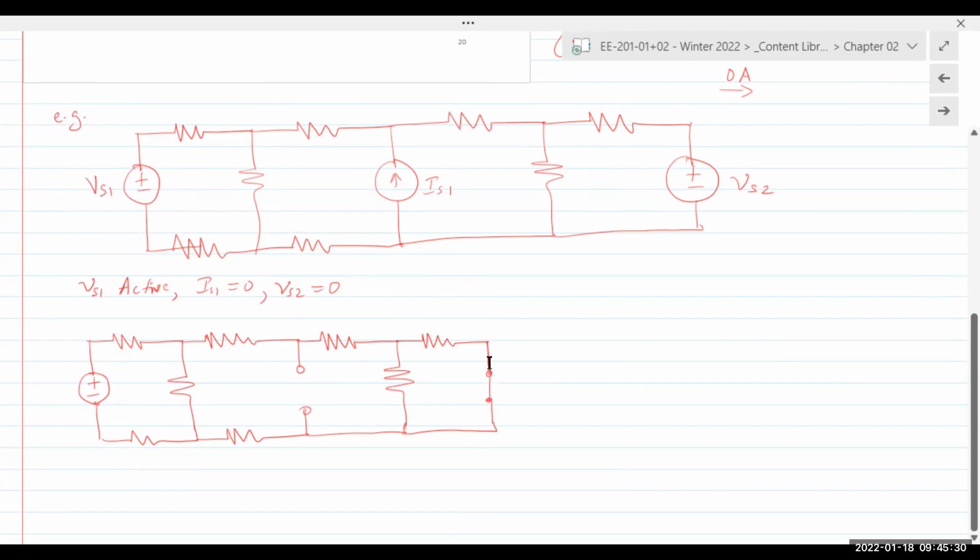Now all I am left with in the circuit is a bunch of resistors. And I can apply the series parallel equivalent analysis technique. I can reduce this large network of resistors to one. Reduce resistors to REQ.